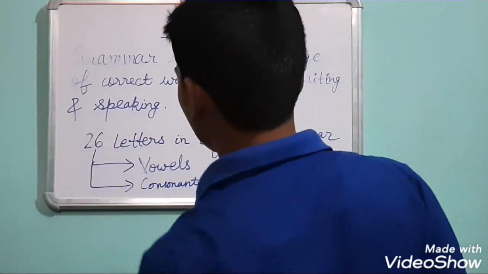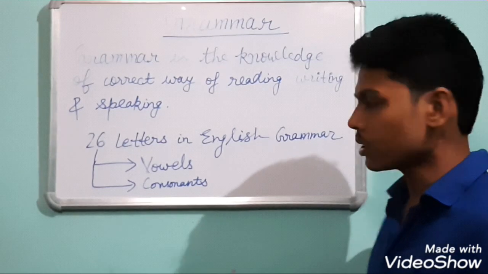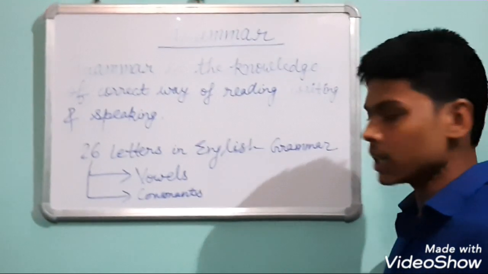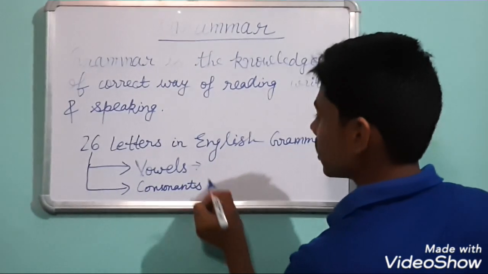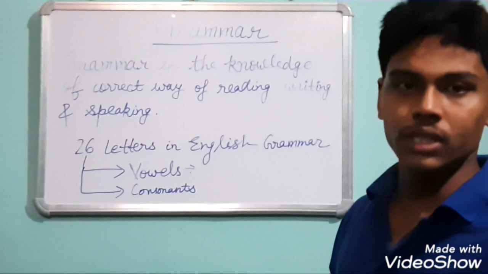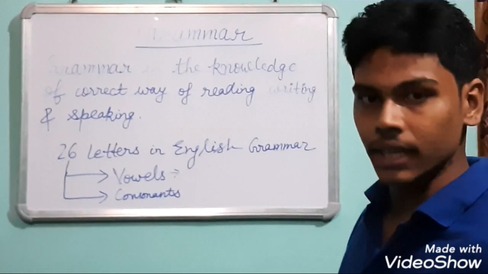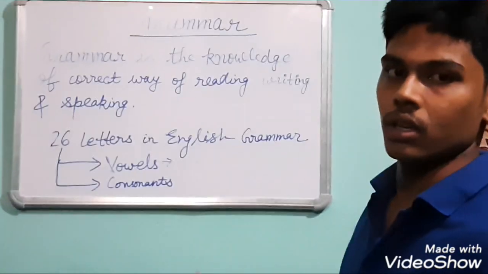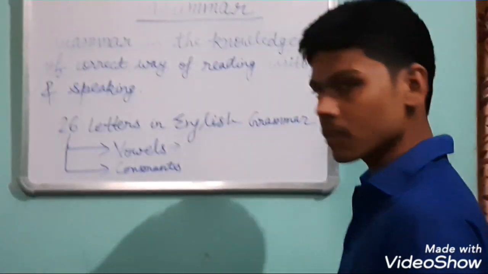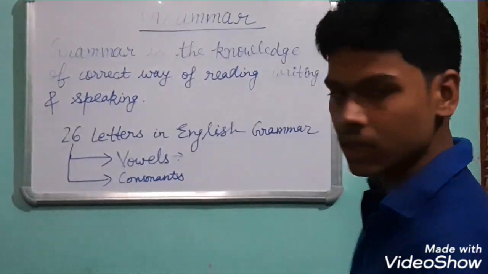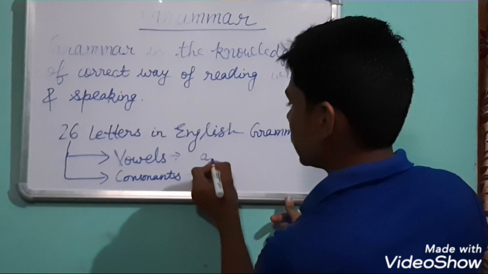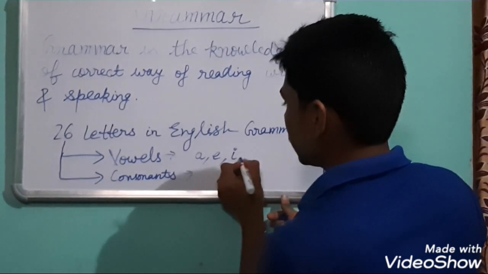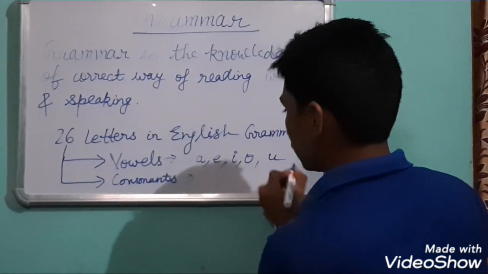So these 26 letters are divided into two parts. Vowels are those which give the sound of A, E, I, O, U, while the consonants are those which are except A, E, I, O, U.